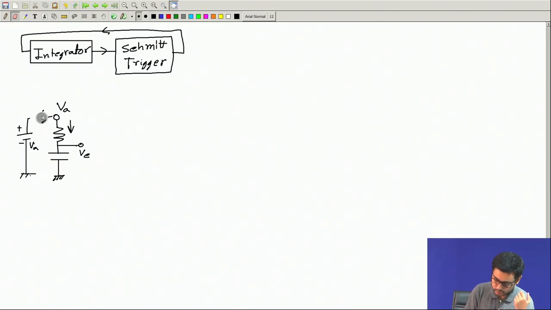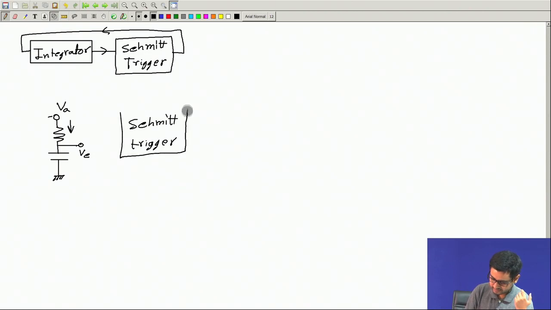Now, what will we do? We will take this circuit in place of this integrator and we will use a Schmitt trigger. Okay. So, now this Schmitt trigger will have an input and an output.